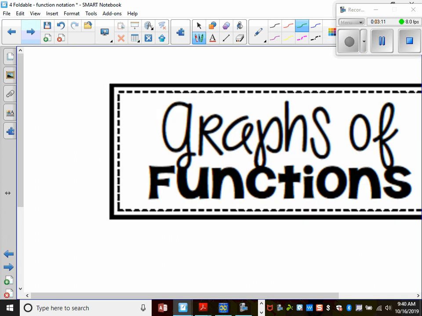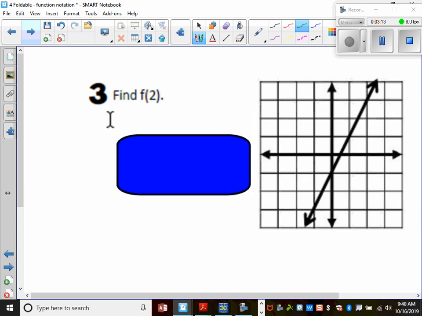If you're looking at a graph, okay, let's take a look. Anytime they give you a number in parentheses, they are giving you the value of x. That's the value of x that's in parentheses. So it's asking you to go on the x-axis to 2, which is right here, and read what the y value would be for that on that line.